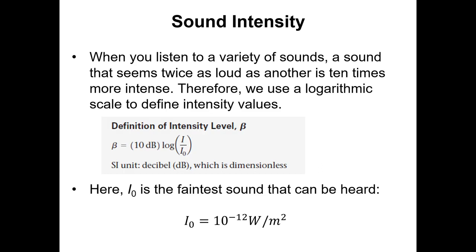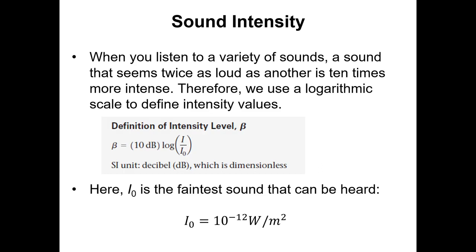So if you increase the intensity tenfold, the sound seems to just double. We will define this on a logarithmic scale, and I will show you how to use this formula again on the board in a few moments. But right now I'm just doing some bookkeeping here.